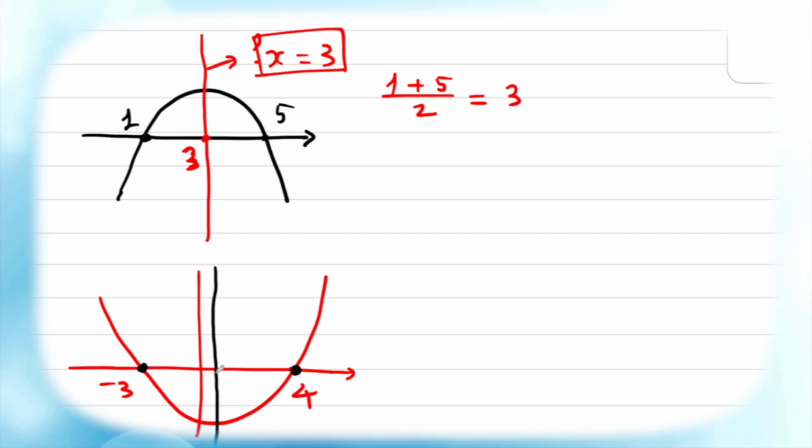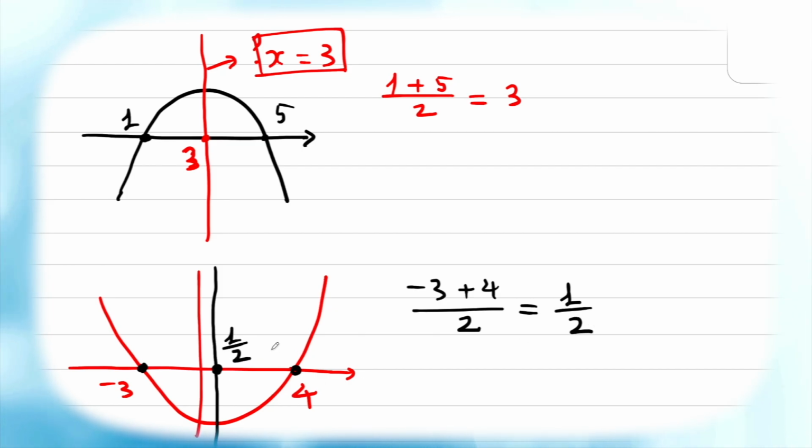This means the point has to be the midpoint between -3 and 4. So -3 plus 4 divided by 2 will be 1 over 2. This means the symmetrical line equation here has to be x equal to 1 over 2.